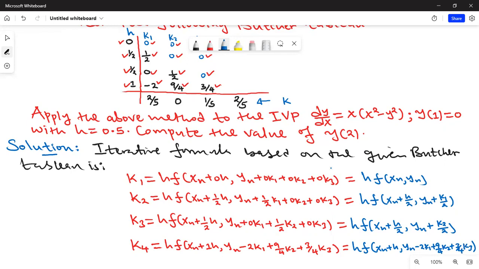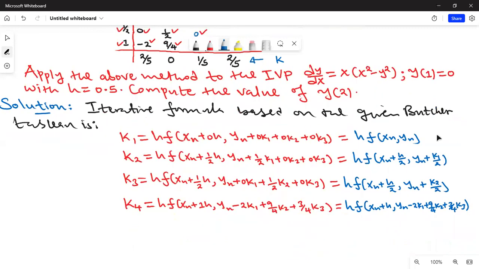Having found k1 all the way up to k4, we still remain with the fifth row. Those will help us find the value of k.